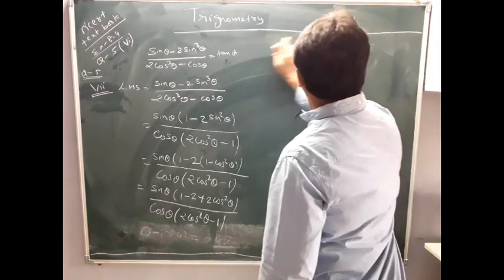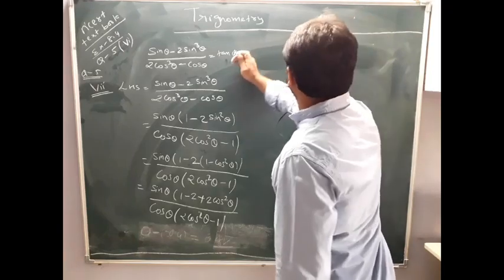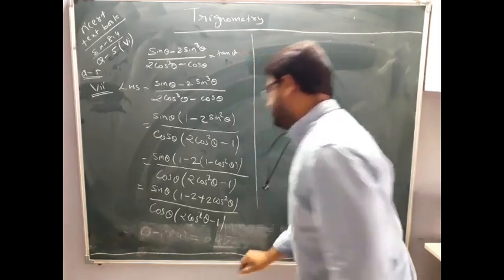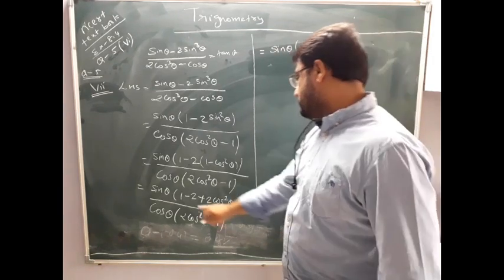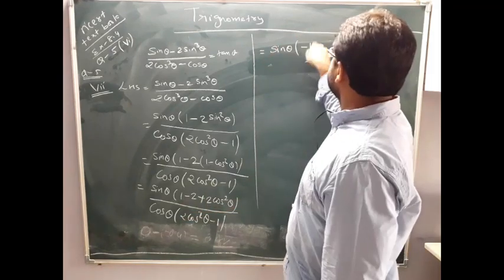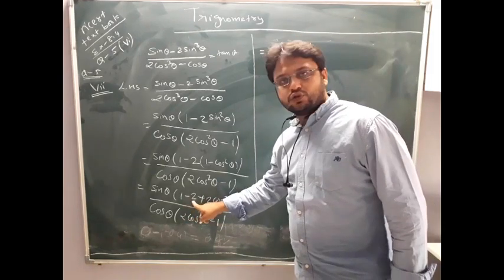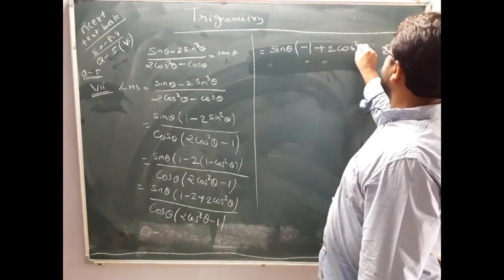I hope you are understanding. If you cannot understand or if you are having any difficulty, please mail me. Sin theta into 1 minus 2. What will be the answer? 1 minus 2 answer will be minus 1. Yes or no? Minus 1 plus 2 cos square theta.